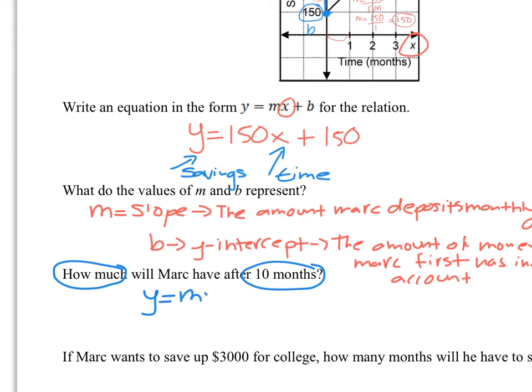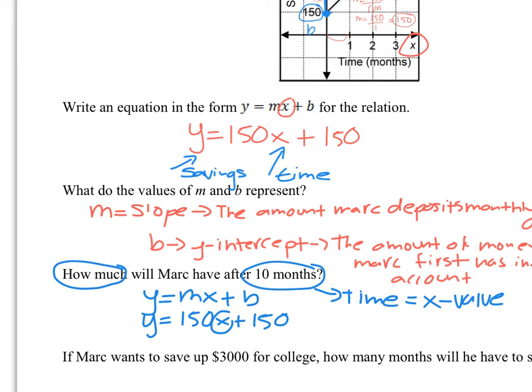So if I write out my equation, y equals mx plus b, I'm going to be replacing all of the variables that I know, which is 150x plus 150. But I also know something else. I know 10 months. Months is time, and time is the x value.